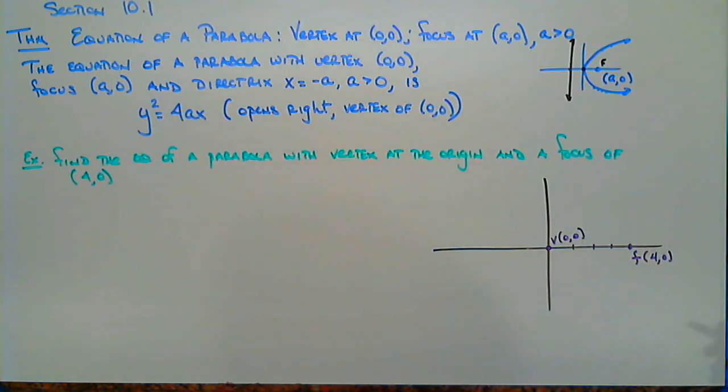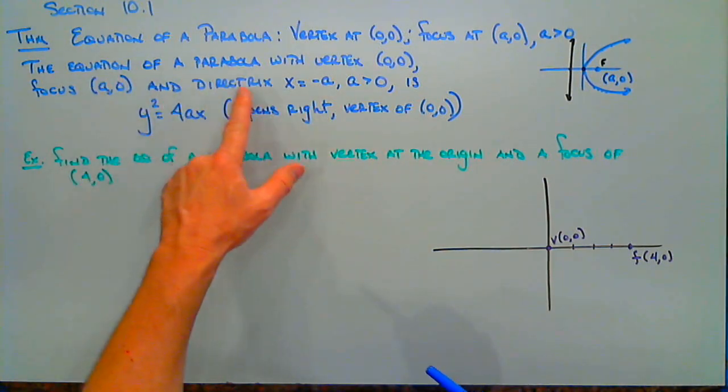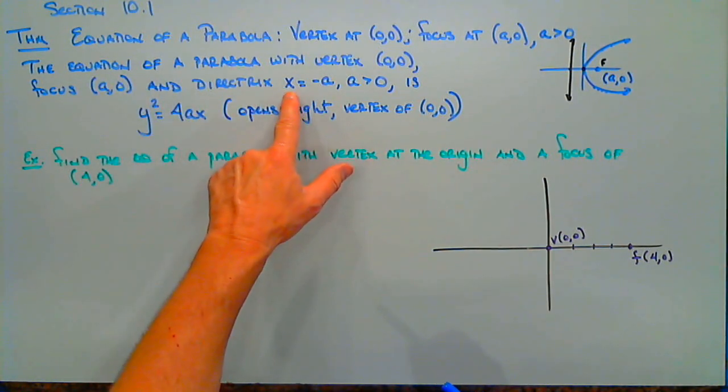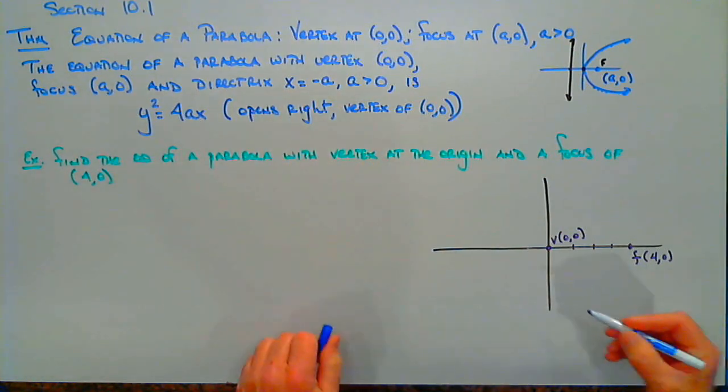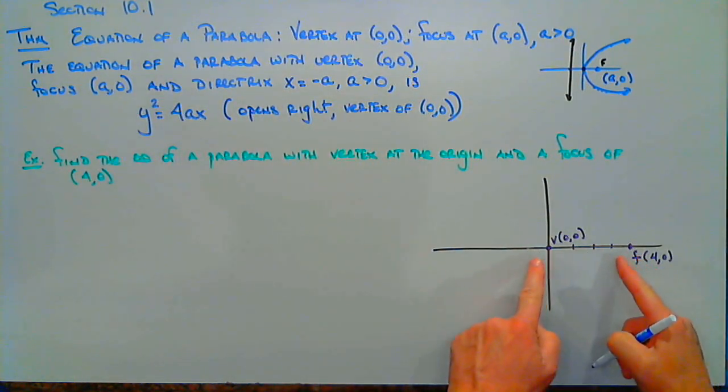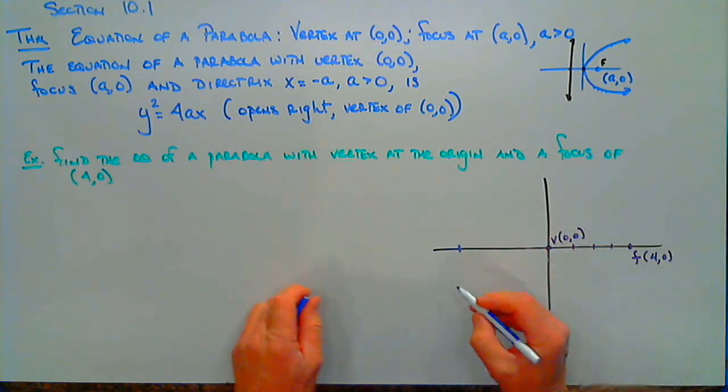Now, where's our directrix? Remember, the directrix is a fixed line such that every point on the parabola is the same distance from the focus and the directrix. Our theorem tells us our directrix is x equals negative a. So our directrix is going to be over here at negative 4.